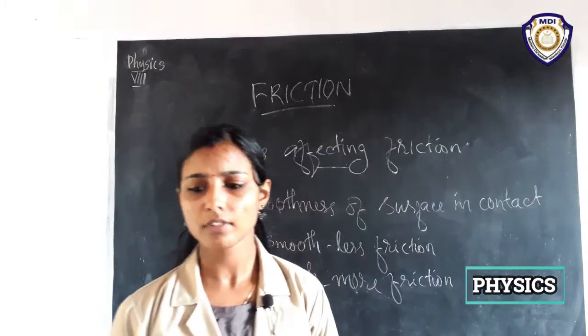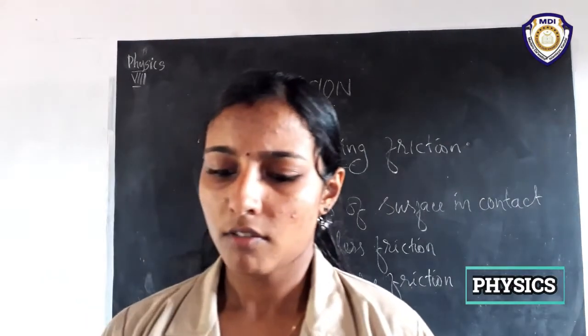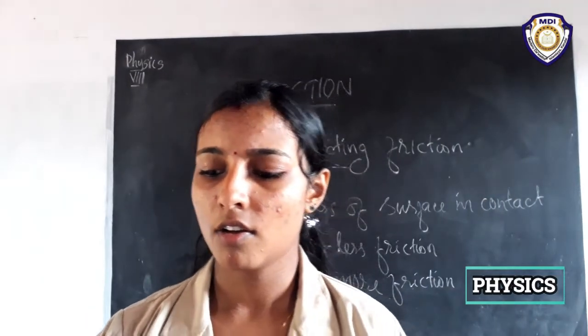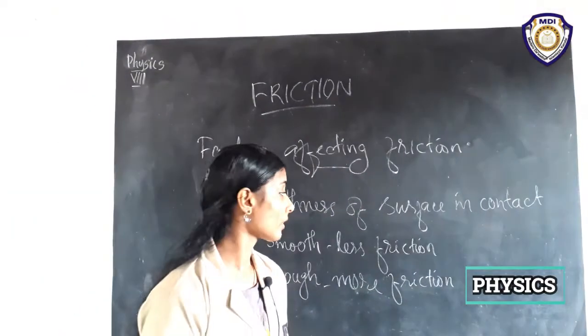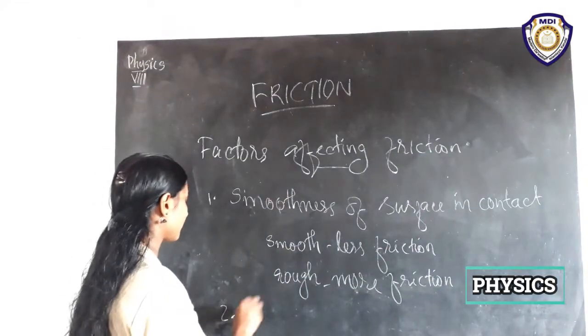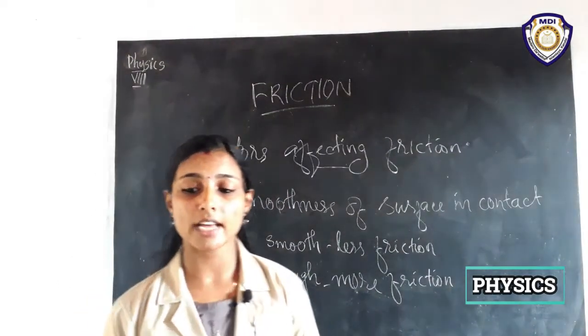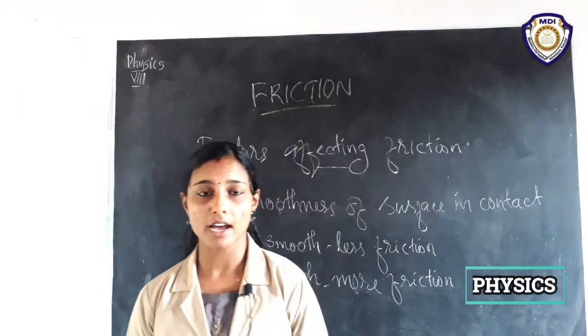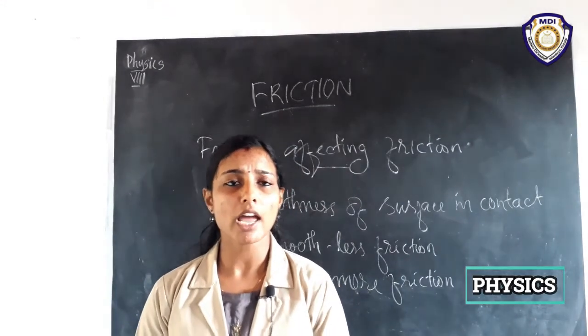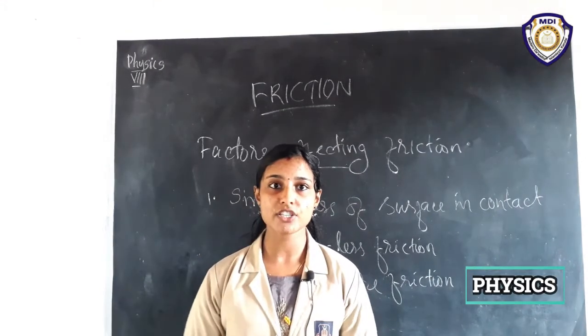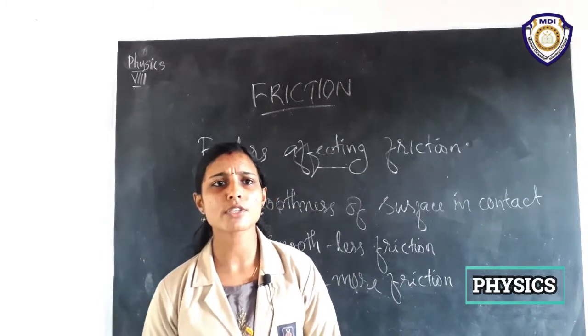And what is the other thing? The second thing is how tightly the surfaces are held. And one more thing I have to say is how this friction comes into play.